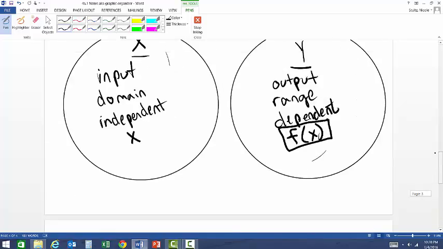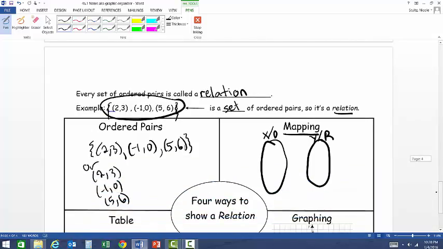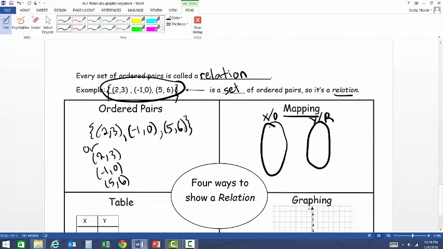Again, just because we learned domain means X, range means Y, so I can change those out if I would like. And you're just going to make a list of all your X coordinates. So those would be all the first numbers in the ordered pairs. So 2, -1, 5. Then all the Y coordinates would be 3, 0, and 6.